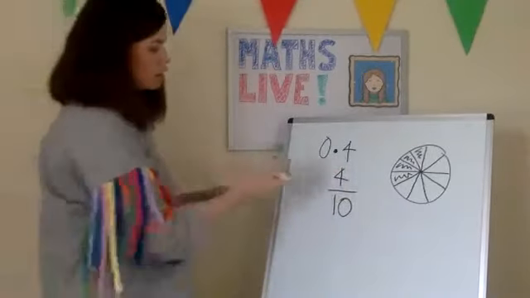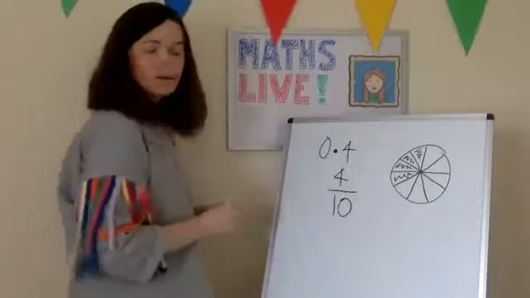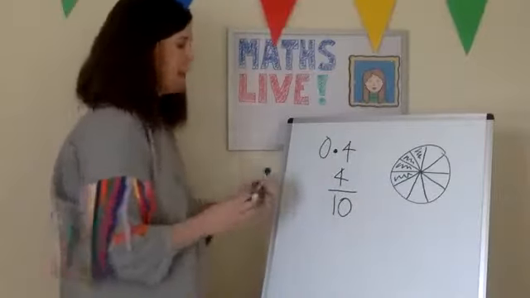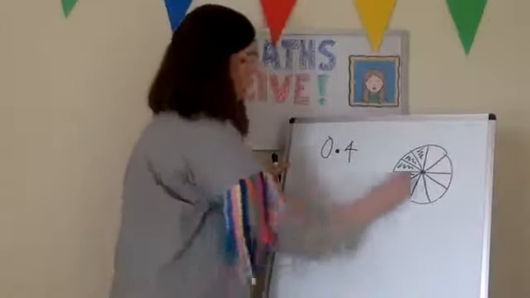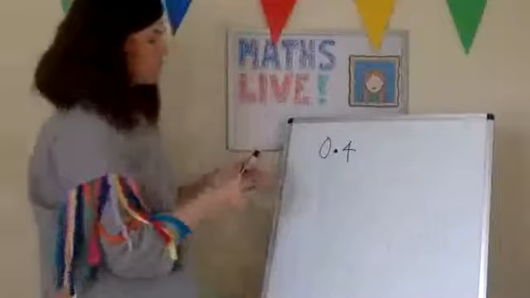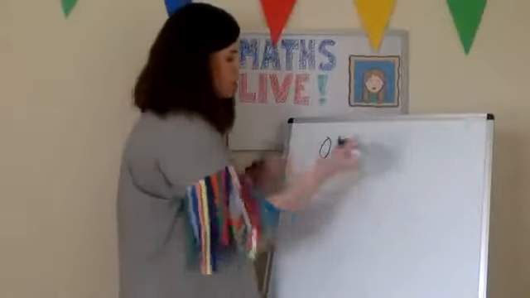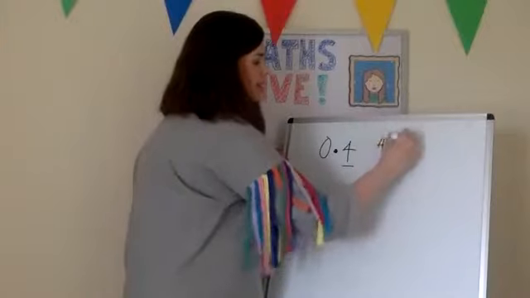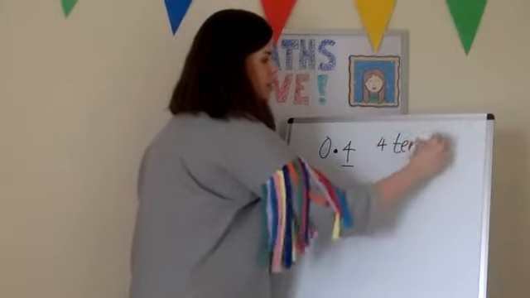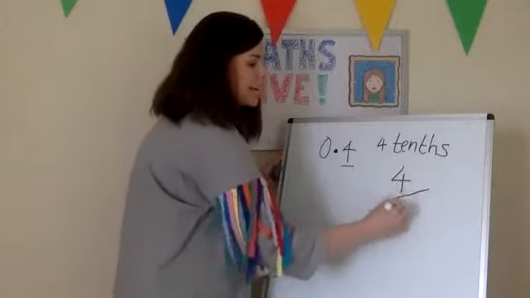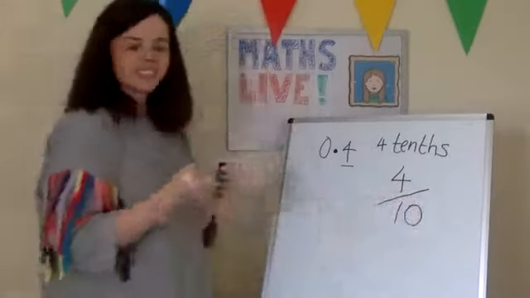So 0.4 as a decimal is the exact same as 4/10. And if you notice, we know that 0.4 is 4 tenths.